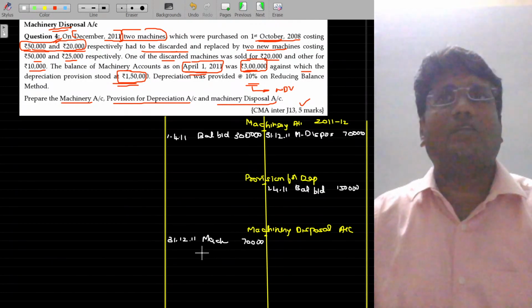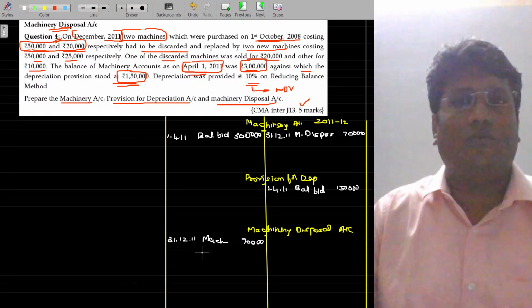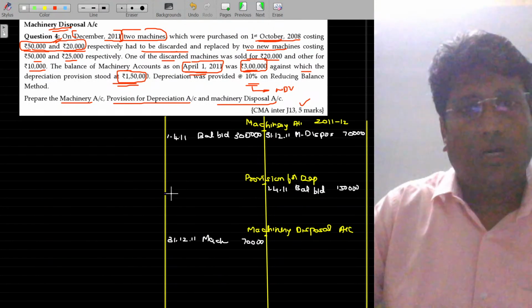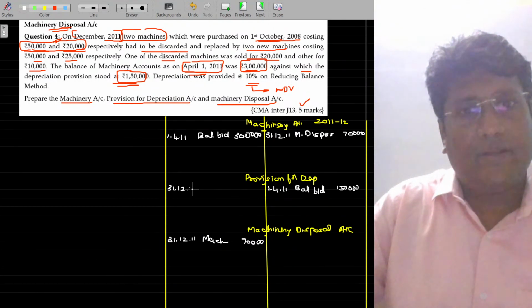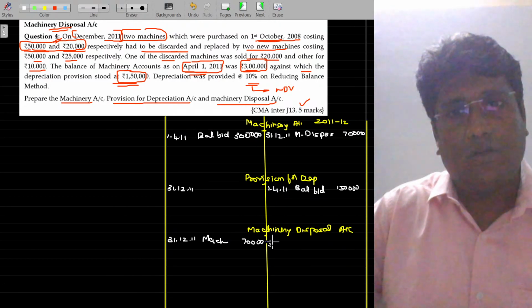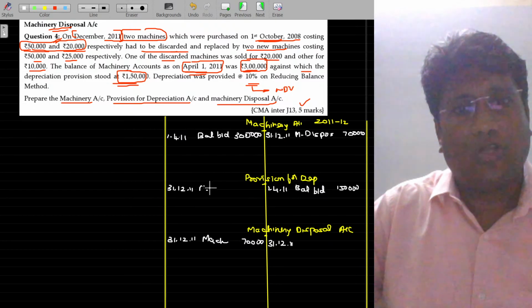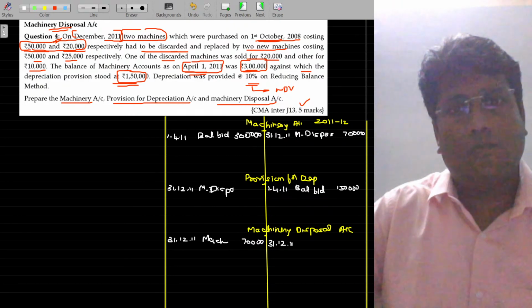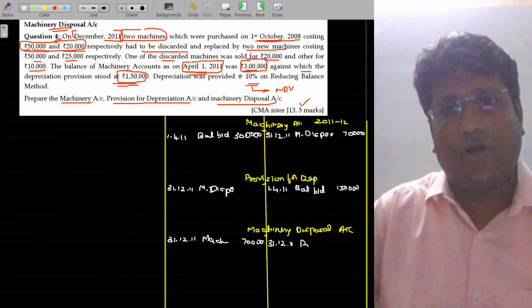And don't forget to transfer the accumulated depreciation on that from the provision for depreciation to the machinery disposal account on the same date, 31/12/11. Machinery disposal account, here provision for depreciation account.